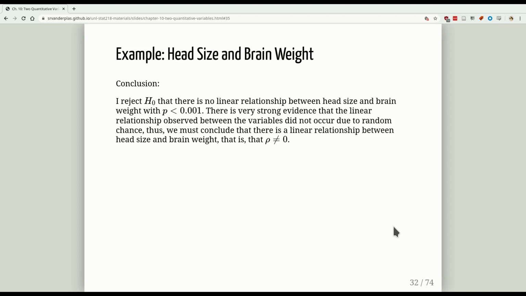There is very strong evidence that the linear relationship observed between the variables did not occur due to random chance, and thus we must conclude that there is a linear relationship between head size and brain weight. That is, rho is not equal to 0. All right? And that's really all that we have to do for a simulation study for the correlation coefficient. It's pretty straightforward.